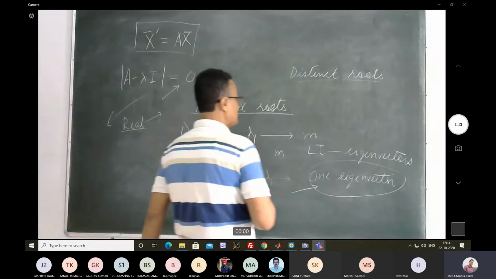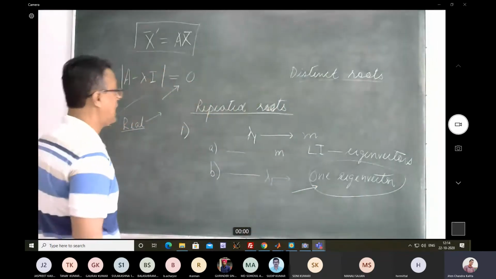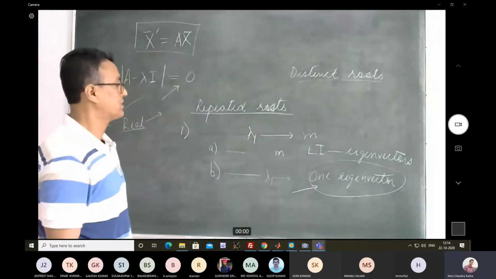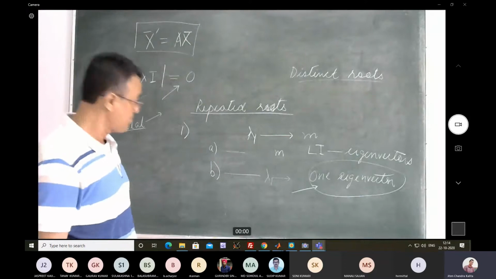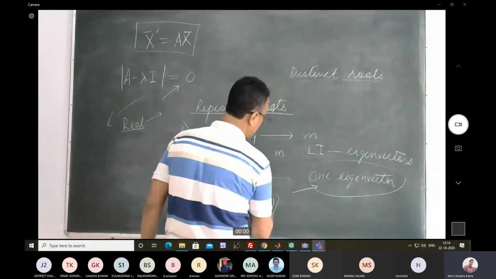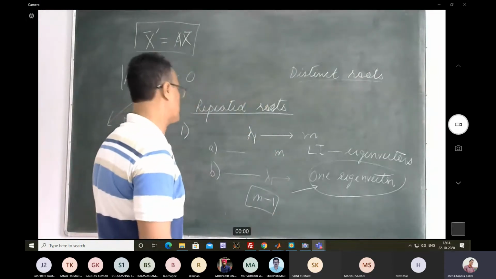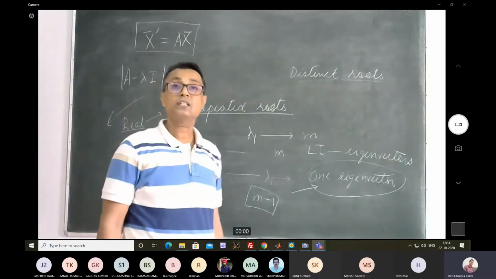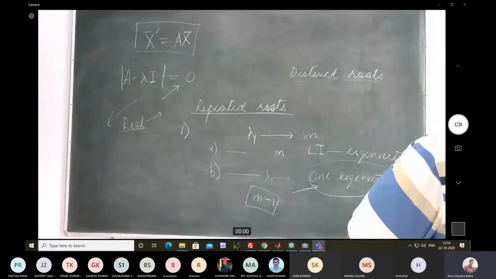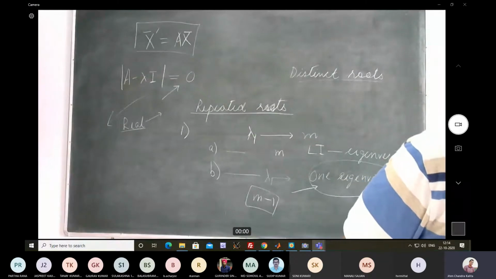Today I am going to show you both the cases through suitable examples, and how to tackle the situation when you are left with only one eigenvector, and whether it allows me to find the remaining m-1 eigenvectors, which will constitute a linearly independent set. So for that, let us take one example first.